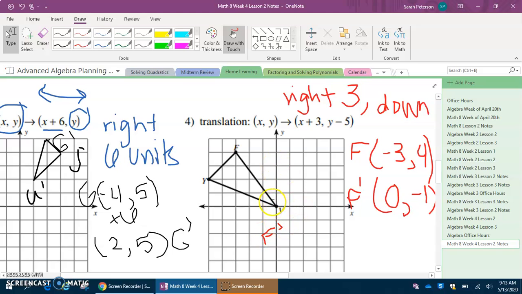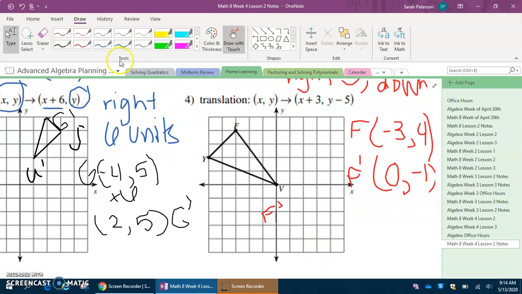And then you could do that with all the points over here if you wanted to, or you can just do right 3, down 5. So 1, 2, 3, 1, 2, 3, 4, 5. So this one's going to be down here. That's v prime.